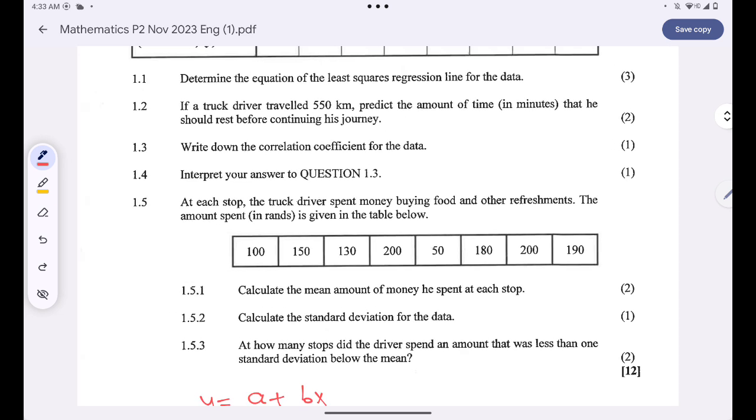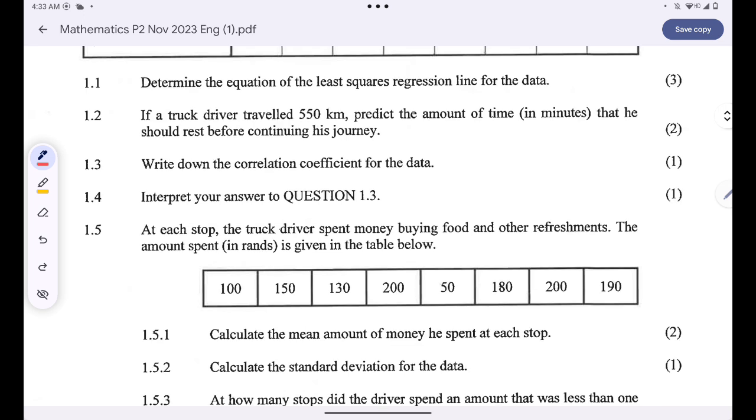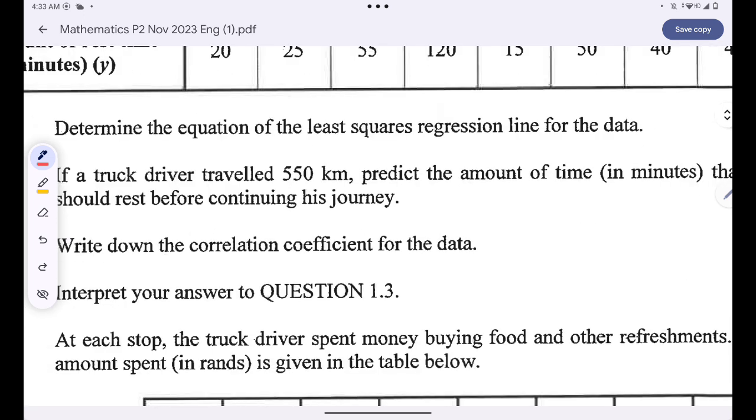I'll press shift, then I'll press 1, and then I'll press 5 for regression. There are many options there. There's an option for a, b, and there's r, and then there's x bar and y bar. Okay, but I'm only looking for the value of a and b, right?